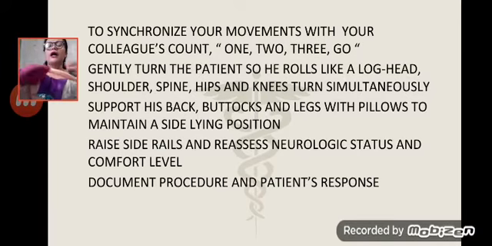So kung dito nakaharap yung pasyente ninyo, if the patient is facing you, so you need to put the side rails up here, and also place the side rails up on the other side. Then reassess the neurologic status and comfort level, and do your documentation of the procedure, and of course the patient's response.